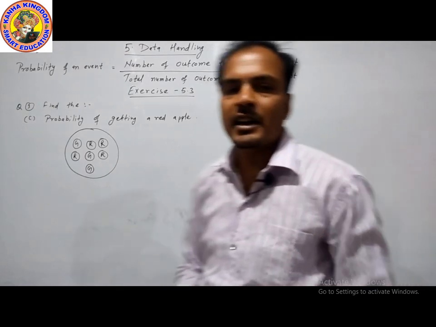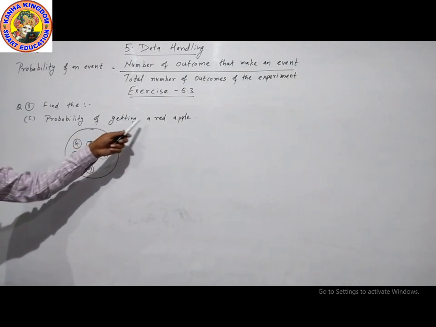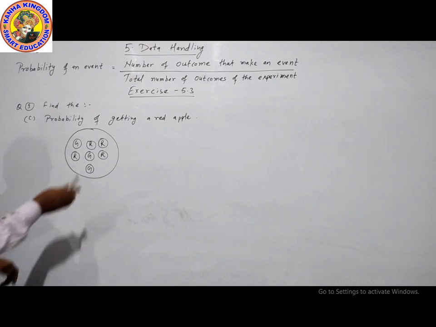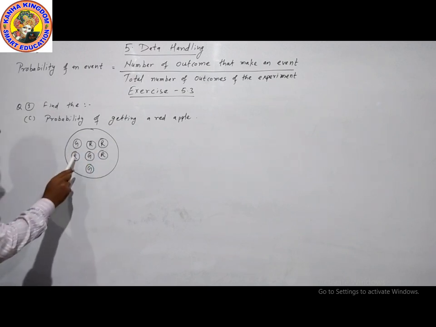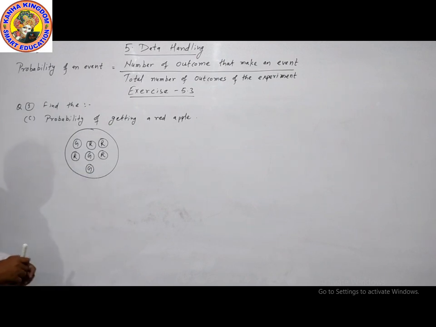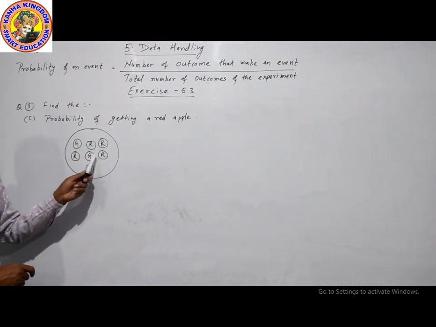Now our next part is part C, probability of getting a red apple. This is a diagram. In this diagram, there is green apple, red apple, red apple, red apple, green apple, red apple, green apple. So the total number of apples is 1, 2, 3, 4, 5, 6, 7.